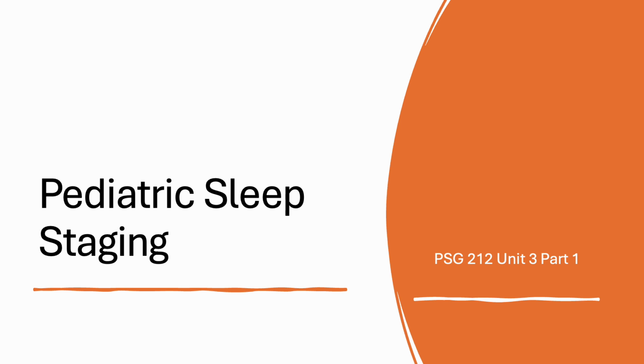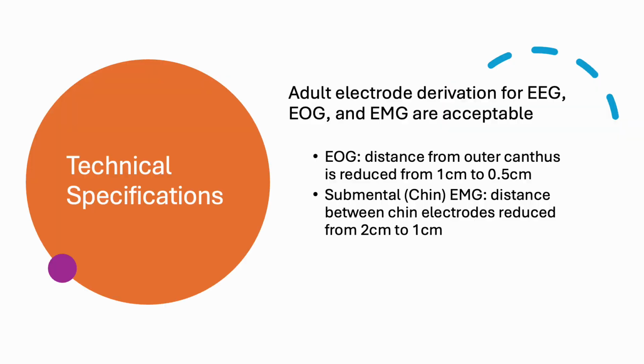This is for 2 to 18 years old. Like we've said before, we can use adult electrode derivation for the EEG wires, the EOG wires, and the EMG. But we want to reduce the distance between the chin EMG from 2 centimeters to 1 centimeter and reduce the distance from the eyes from 1 centimeter to half a centimeter.